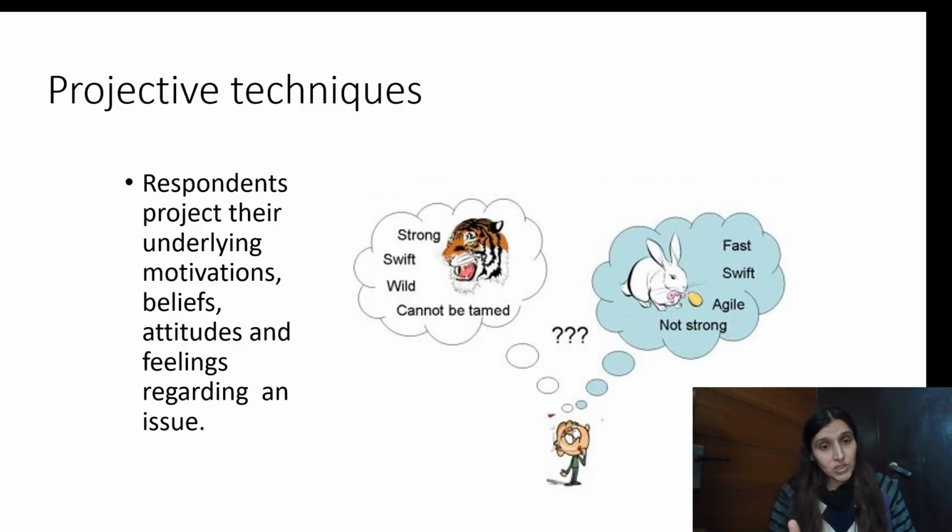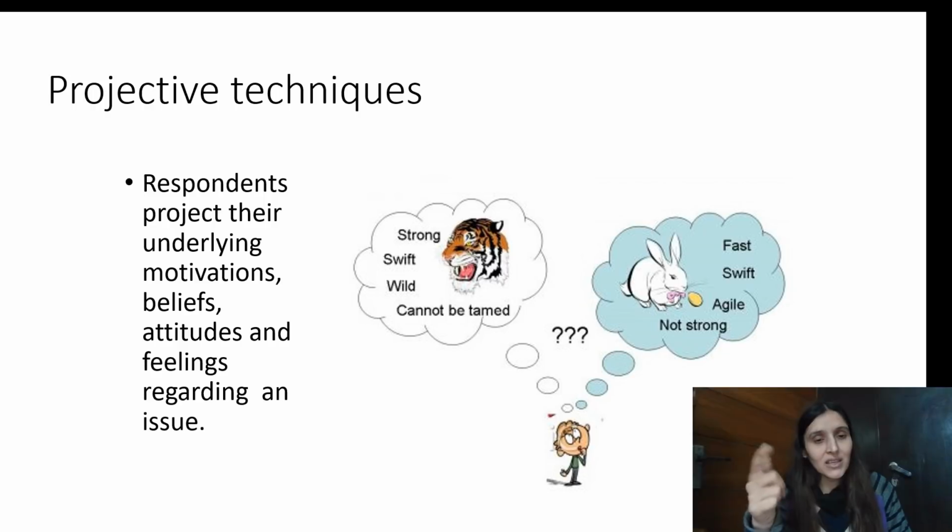There are methods of using projective technique, like for example a sentence completion. You could give them a sentence like, my life is good because, and tell them to fill it up. On the basis of what they fill up, you can assess what their problem is. There are other techniques like showing a very weird picture. It's not a form of anything, it's a very weird abstract picture, but looking at that they will think something and jot it down.